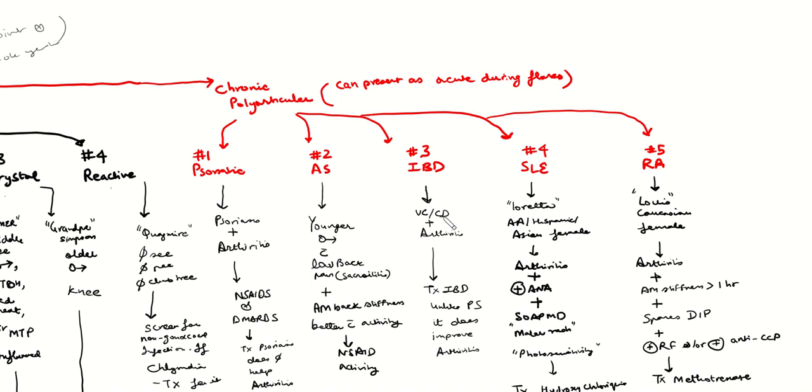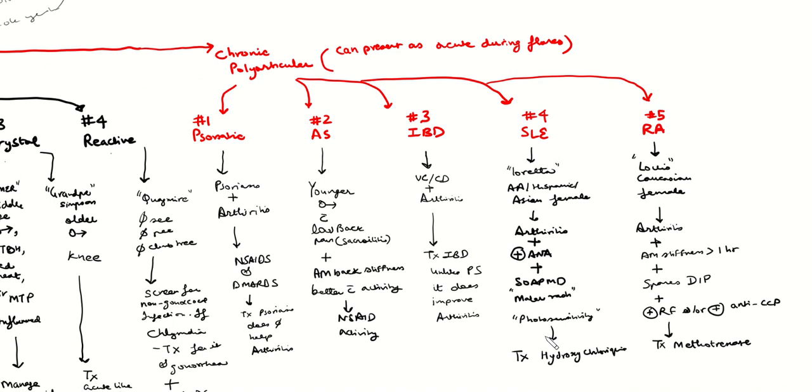Or the patient has ulcerative colitis or Crohn's disease, that's inflammatory bowel disease plus arthritis, so that's IBD spondylitis. Or the patient is Loretta, Family Guy, African American, Hispanic, Asian female with positive ANA and a malar rash and some symptoms of SOAP MD, MD SOAP brain, right?